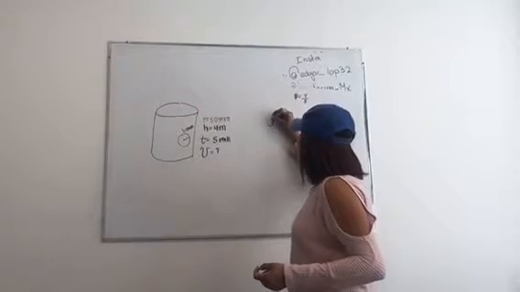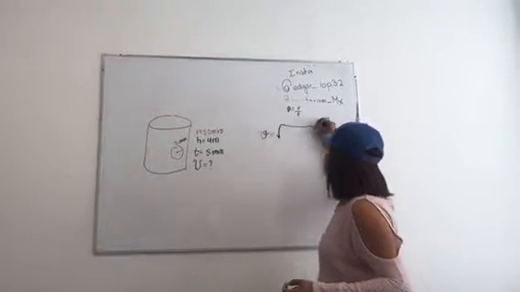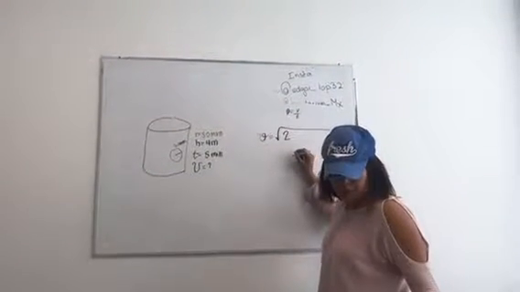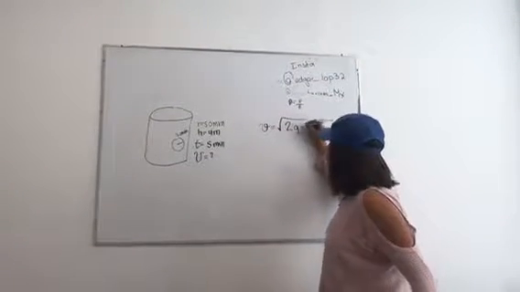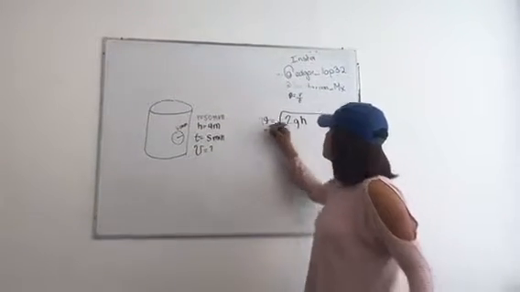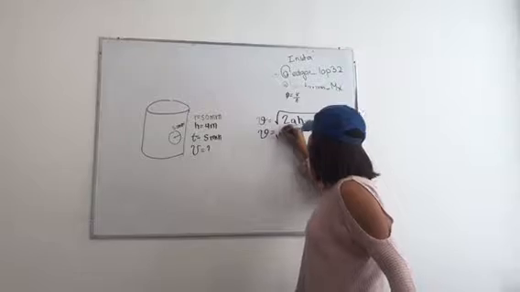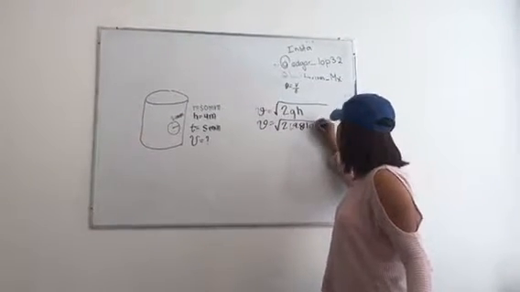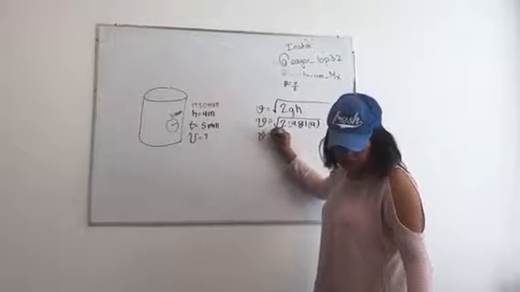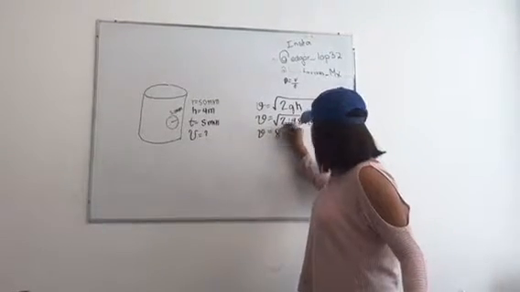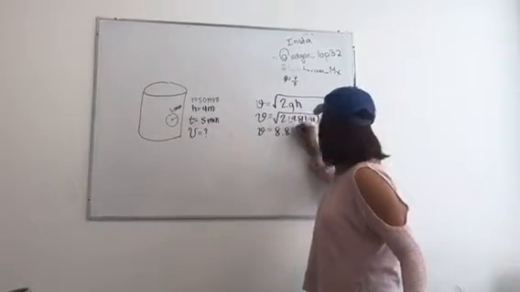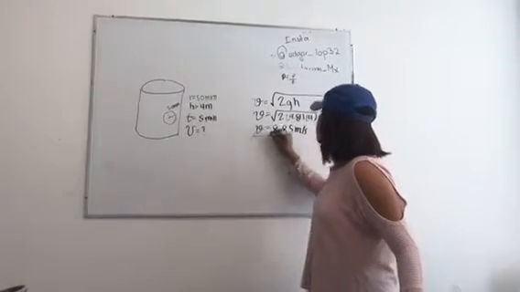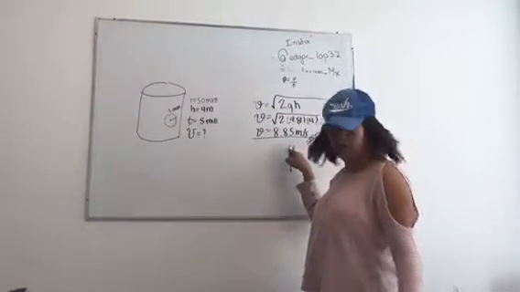The formula to calculate velocity is the square root of 2 times gravity times height. So velocity is the square root of 2 times 9.81 times 4 meters. Velocity is 8.85 meters per second. We have our first result.